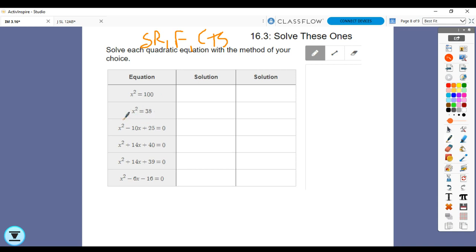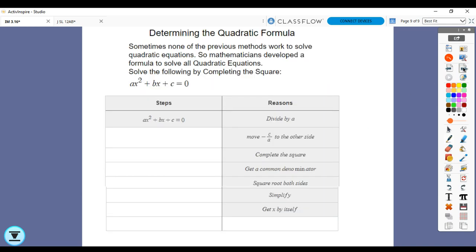What would be the easiest way to get x by itself here? So I want you to go through and choose, and then go ahead and use Desmos, having Desmos check it for you. And email me if you've got any specific questions.